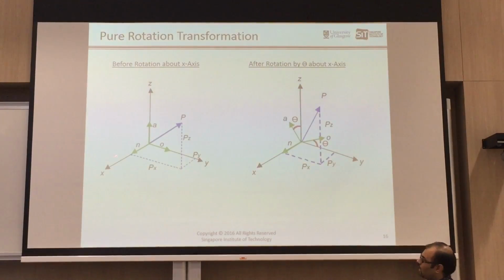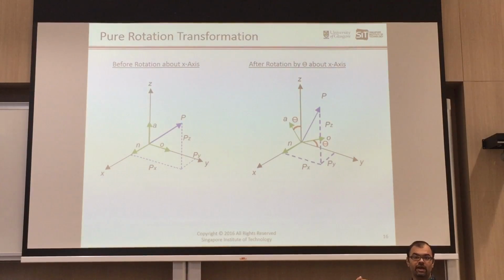Now any point that lies on this x-axis, if you rotate, will it change? Let's say a point lies here, somewhere here. If you are rotating this green axis about the x-axis, will the point change? No, right? It will still remain there.